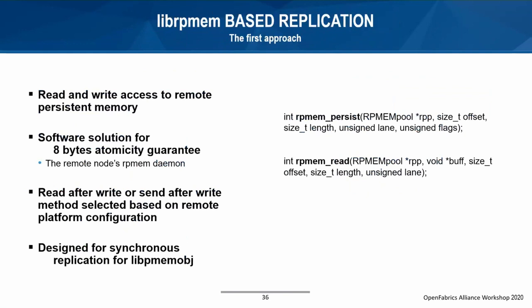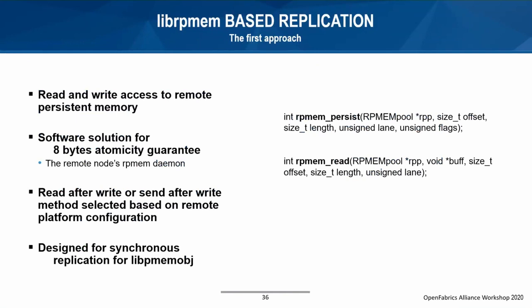And this is what has been implemented in one of the PMDK, so Persistent Memory Development Kit, solutions, librpmem. We use this push method when the target node is almost not involved.